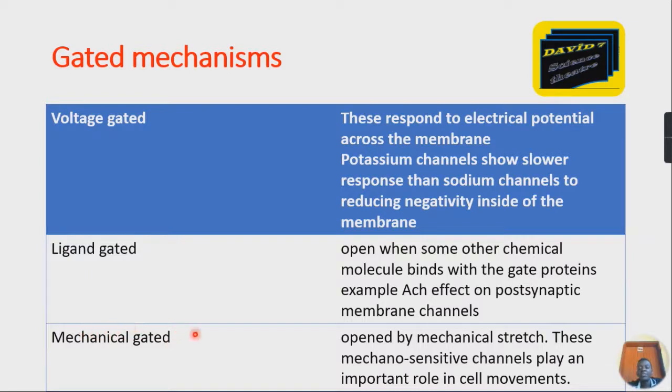Each hair has a mechanically gated channel, and that channel permits potassium and calcium to enter the hair cell. So that hair has a mechanically gated potassium channel up there. We shall talk more about it.